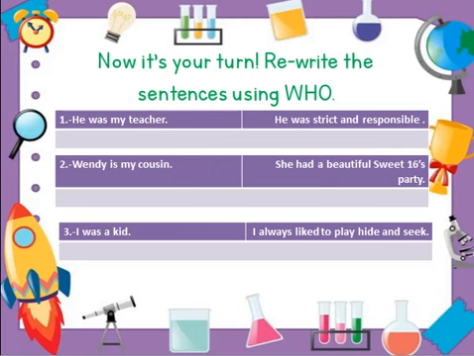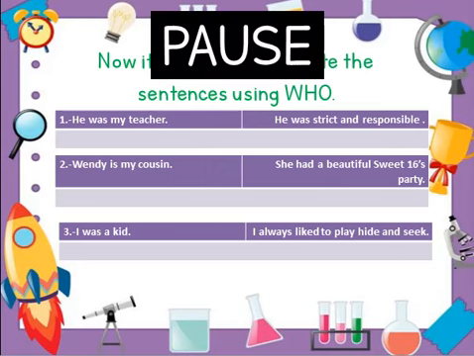I always liked to play hide and seek. Very good. So remember, in this moment, you can pause the video and rewrite the sentences in your classwork. When you finish, you come back and we will check together the answers.